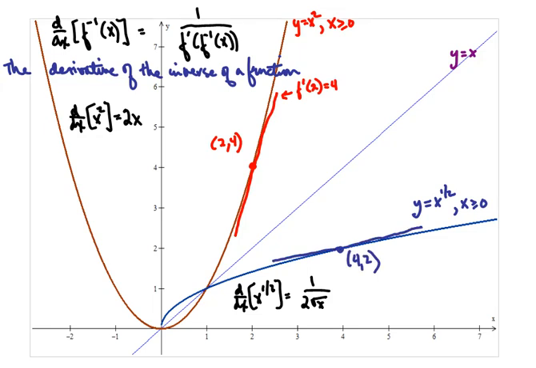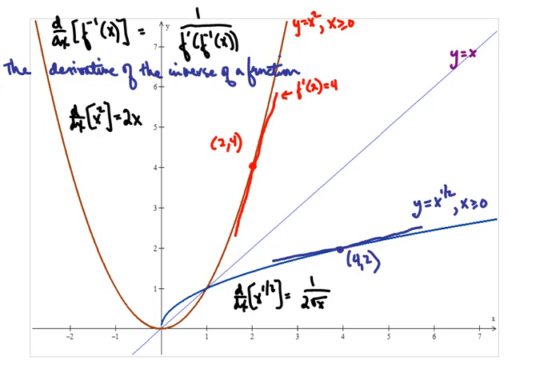So if I were looking for the slope of the tangent line on the inverse curve at 4 comma 2, and I didn't know what the derivative of the inverse function was, which I do in this case. I know that the inverse function is x to the 1/2, and I know that its derivative is 1 over 2 times the square root of x. But if I didn't know what that inverse function was, and I couldn't find its derivative, then I could ask a question in this way.